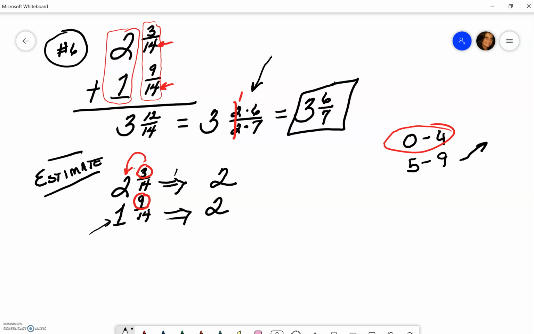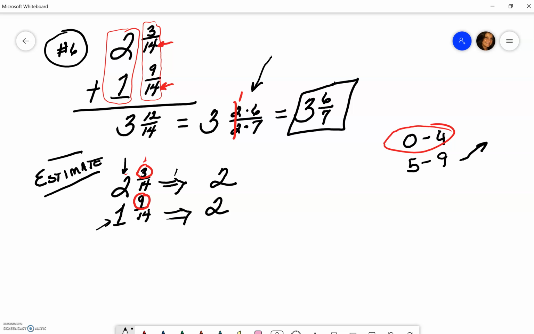Sorry about that. I don't mean to sound confusing. So again, let me back up. What you're going to do is look at the numerators of the mixed numbers. When you see the numerator, if it's between 0 and 4, then the whole number will not count up.